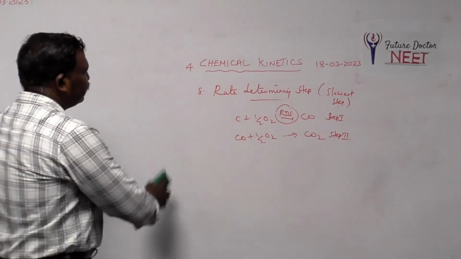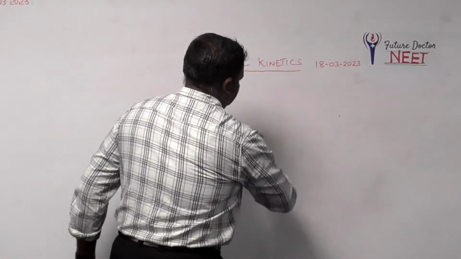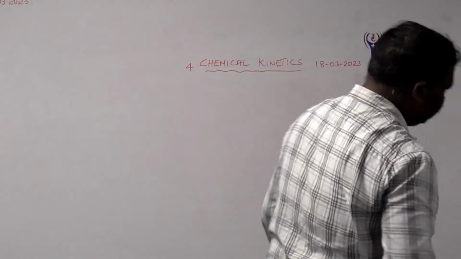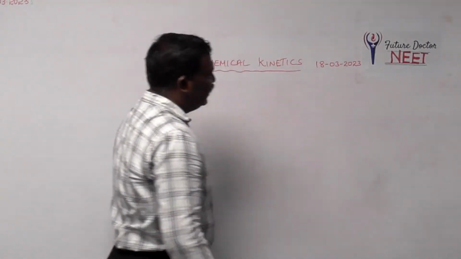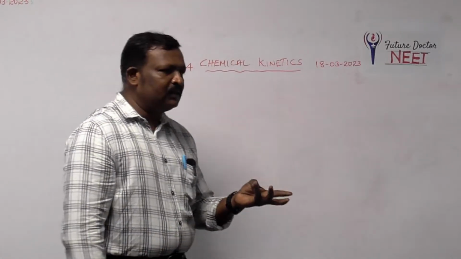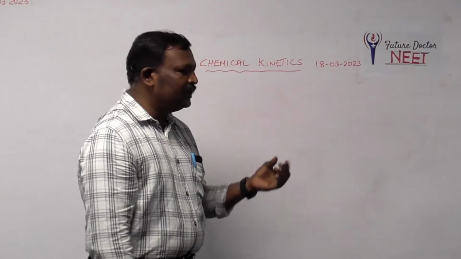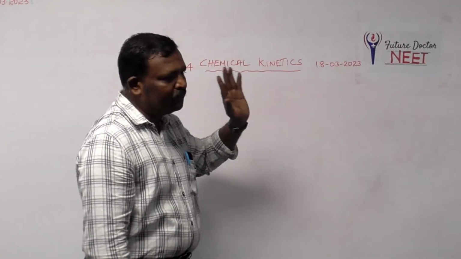Now the topics we have are first order reaction, zero order reaction, pseudo first order reaction, then Arrhenius equation. We have only 4 topics. If you complete all this, the chapter will be over.